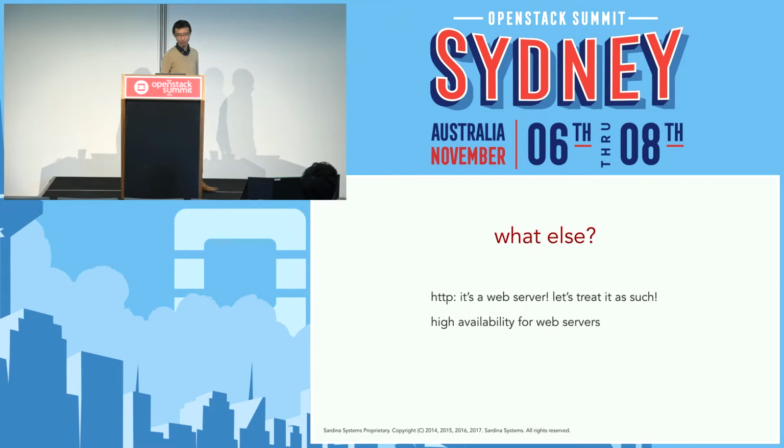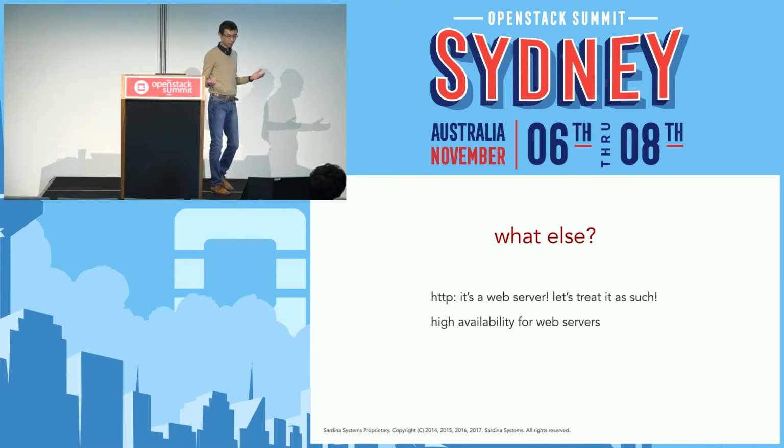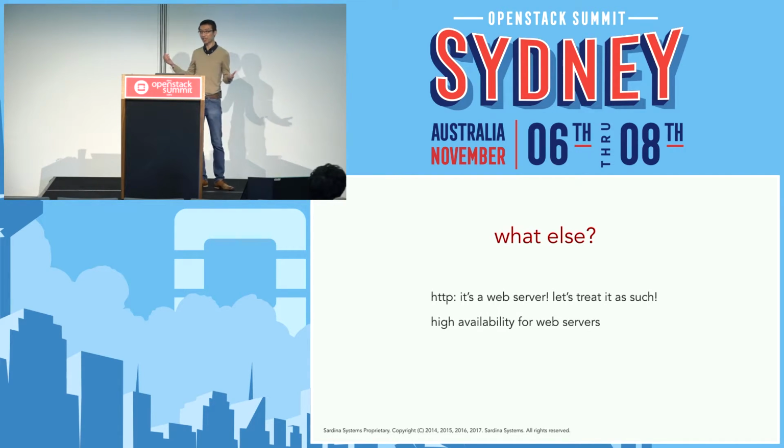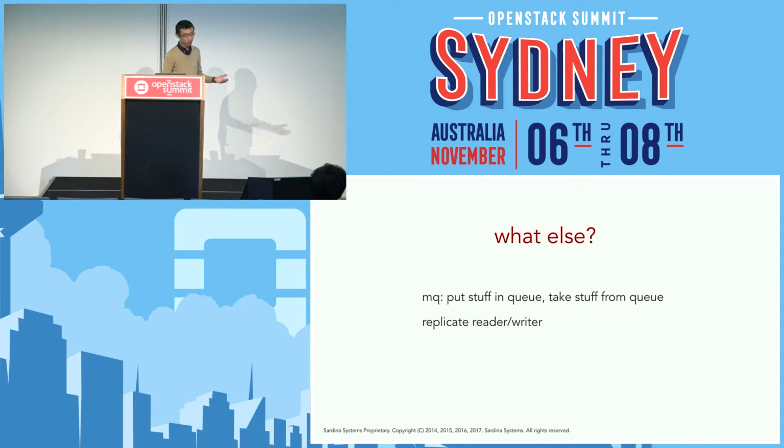Well, for the web servers, they are just talking HTTP, right? Much of OpenStack services, they are just talking HTTP. So let's treat them as web servers. As for MQ, the principle behind MQ is you put stuff in, you get stuff out.